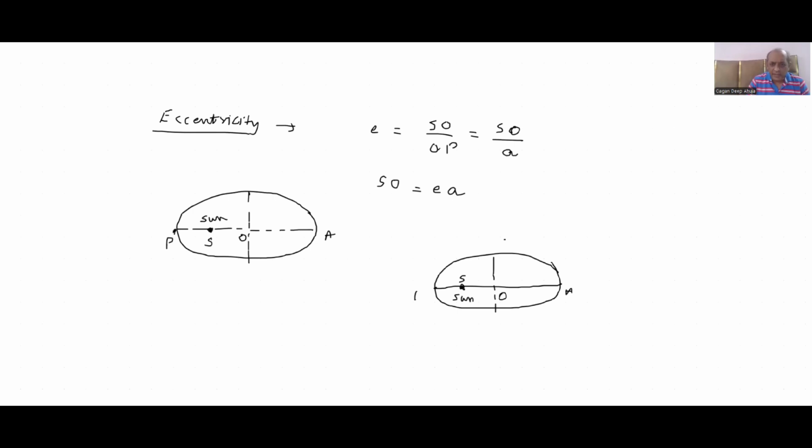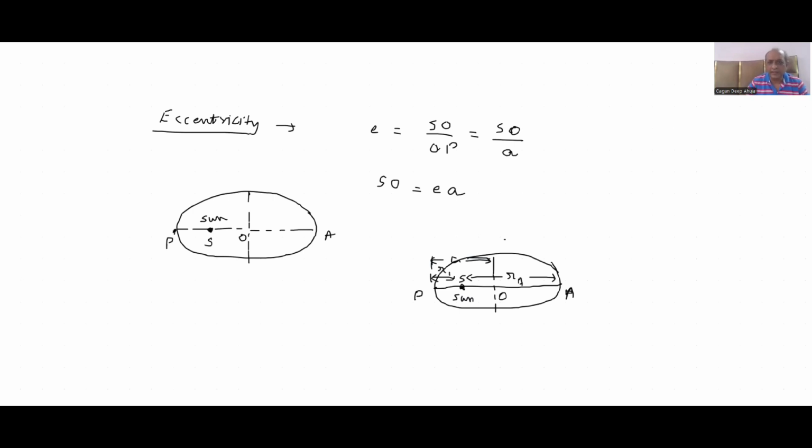So the semi-major axis here is marked by A. RA is the distance of this point A from sun, and RP is the distance of point P from the sun.